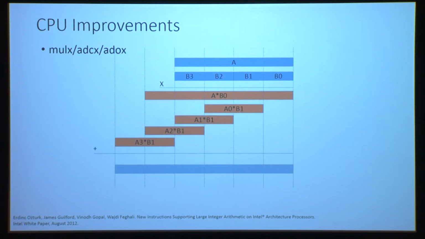So this is a more detailed explanation of what's happening there. Let's say you're done with a times b0. Now on top of that, you need to accumulate a times b1. So you need to multiply each digit of a with b1 and accumulate them in place like this. What's happening here is that the result of each core multiplication is actually a 128-bit number, and the CPU has a 64-bit ALU. It cannot do 128-bit additions. So there are two options here.